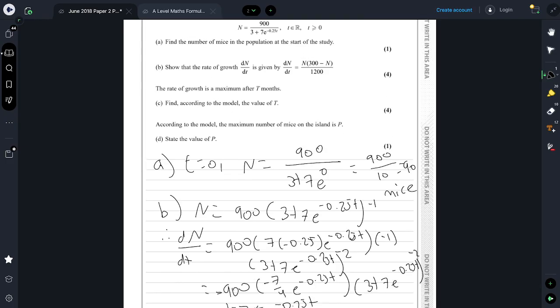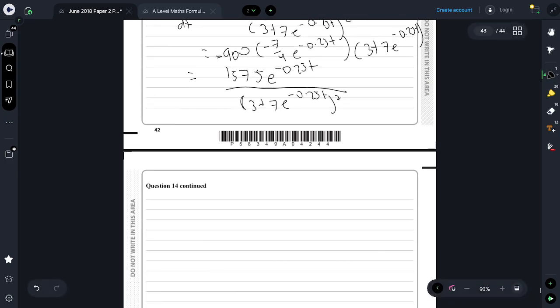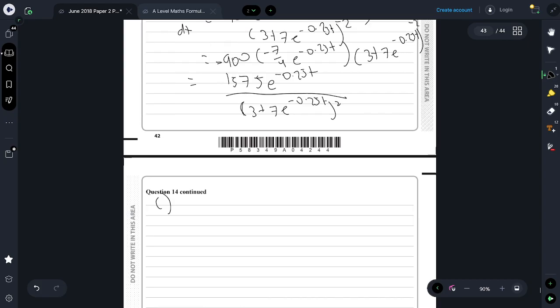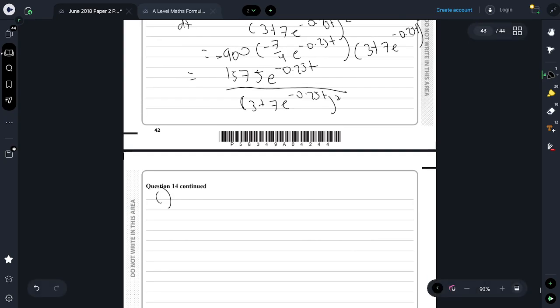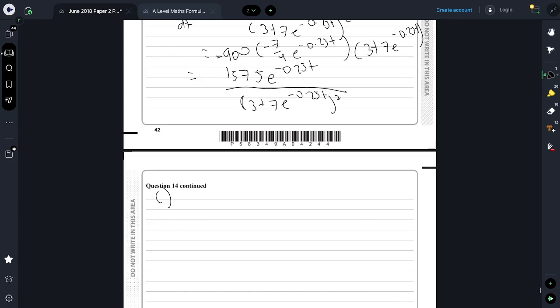Anyway, it's saying the rate of growth, which is dn by dt, is a maximum after t months. You have to be very careful here, really careful what they're saying. So the rate of growth is a maximum. What you do not do here is conclude that dn by dt is 0.